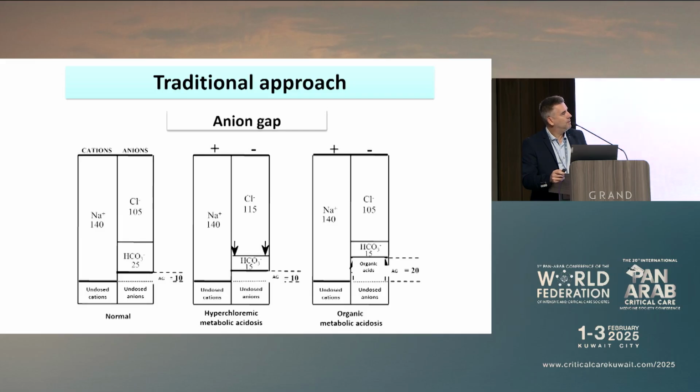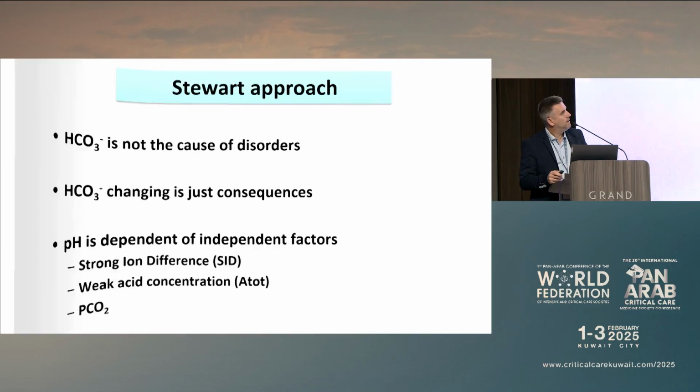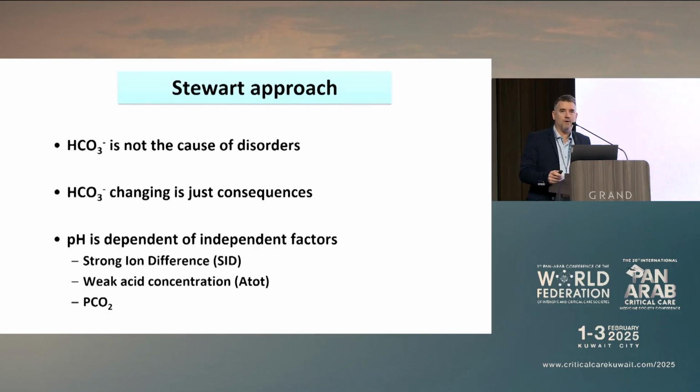And the best is probably to go to the Stewart approach. With Stewart, at the end, bicarbonate is not the cause of disorders. It's just the reflection of the change in metabolic equilibrium. The pH, in fact, is dependent on 3 different factors: the strong ion difference, the weak acid concentration, and the PCO2.